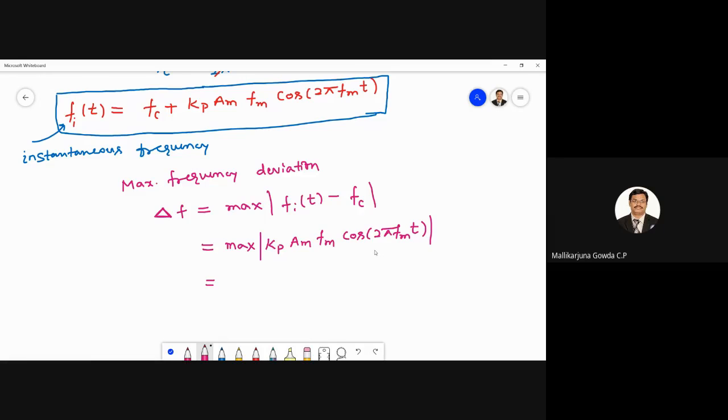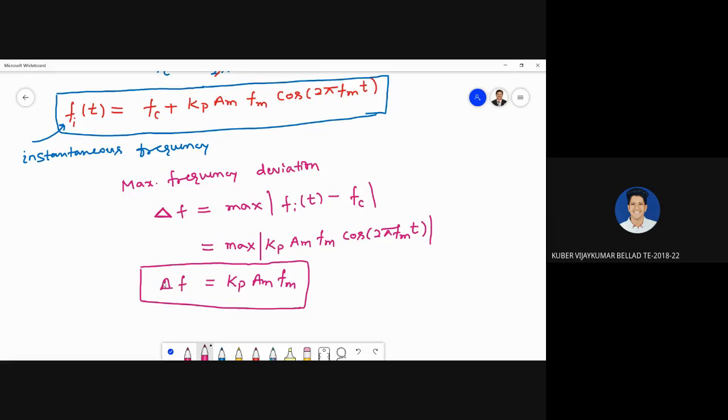So during that time, what do I get? When cos is 1, I get delta f as Kp Am into fm as the maximum frequency deviation. Okay. So let me stop with this. We'll discuss further tomorrow. Okay, next class.